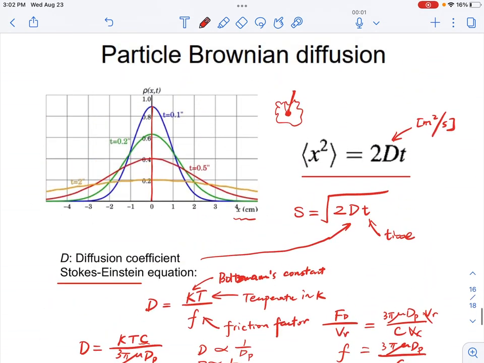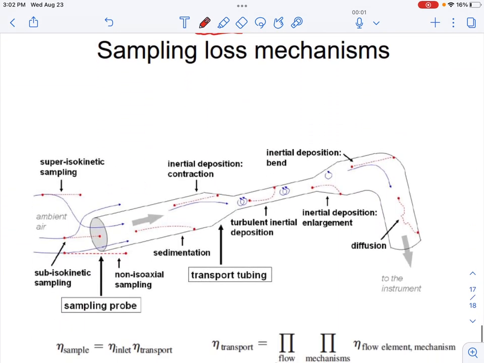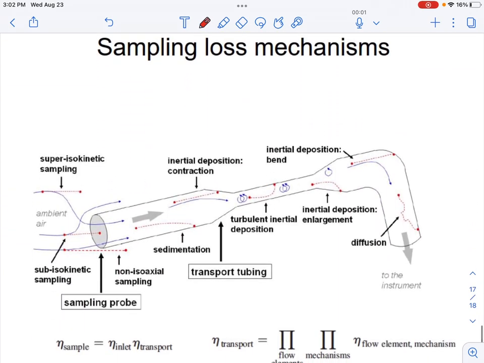These are the aerosol single particle dynamics I wanted to introduce. At the end of this class, I wanted to go back to the original question about the selection of tubing materials. If you want to set up a particle sampling line using different types of tubing, you want to avoid loss as much as possible.